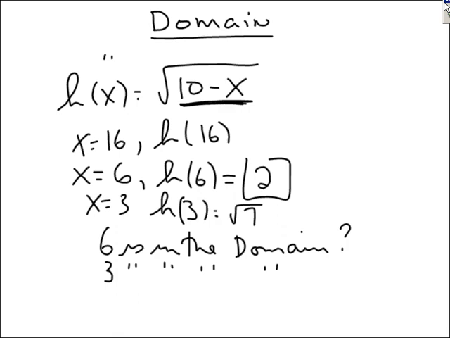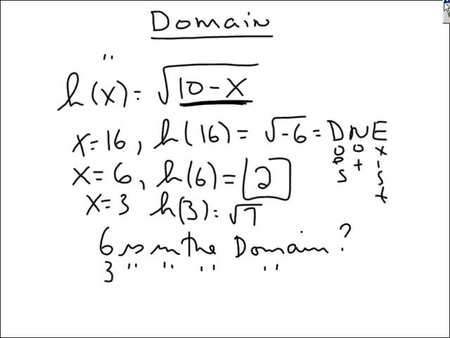Well, 10 minus 16 is negative 6. The square root of negative 6 does not exist. DNE, does not exist. This is not a real number. You can't take the square root of a negative number.